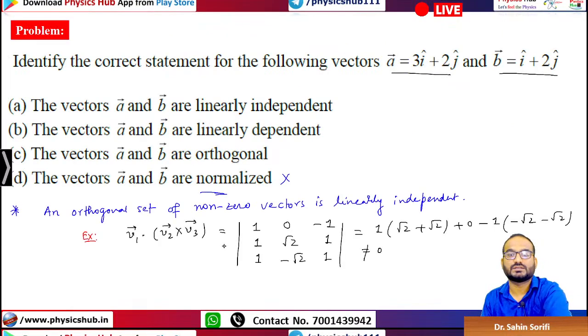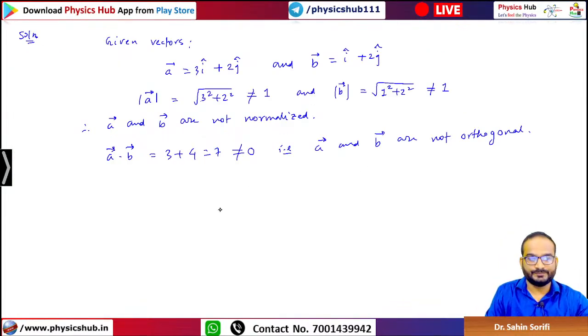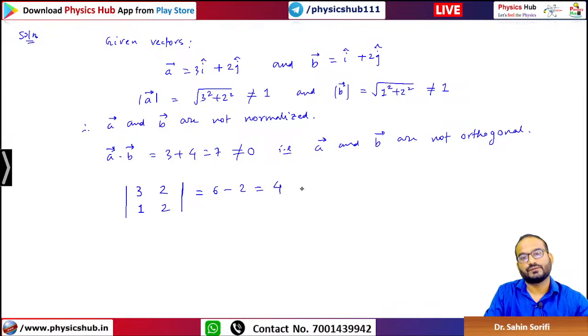Now let's check whether they are linearly independent or dependent. For 2 dimensions, you just write the components of the vectors along the rows: 3, 2, 1, 2, as you can see. So this is 6 minus 2, that is 4. 4 is not equal to 0.